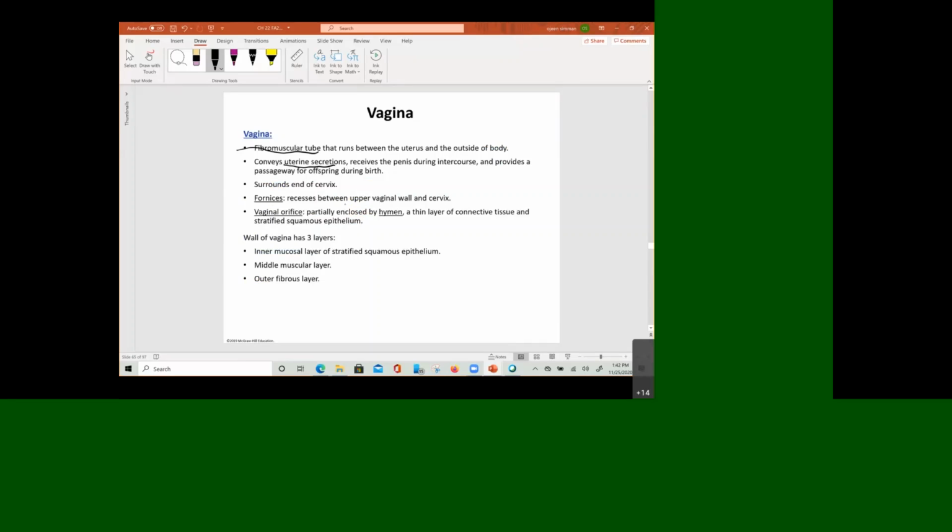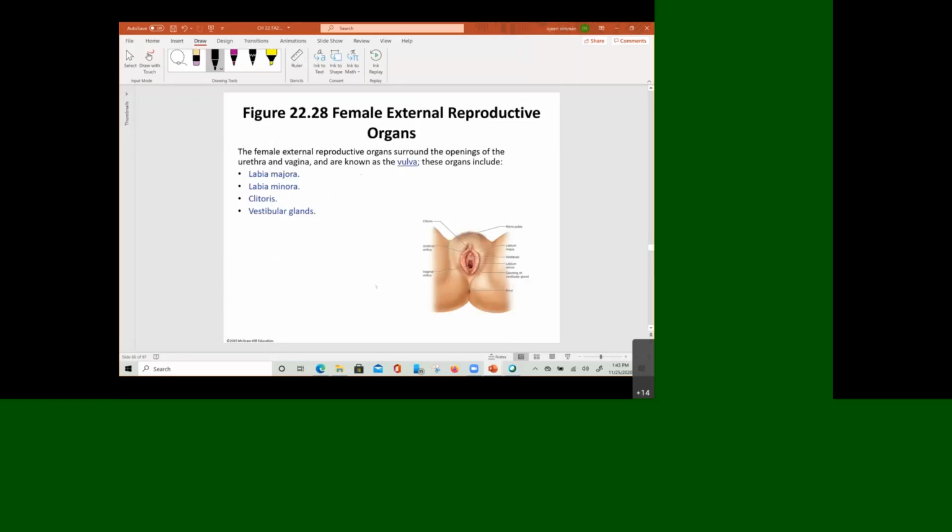Also provides a passageway for the offspring during childbirth. Vagina also has 3 layers. It has the inner mucosal layer, which is lined with stratified squamous epithelium, a middle muscle layer, and an outer fibrous layer.